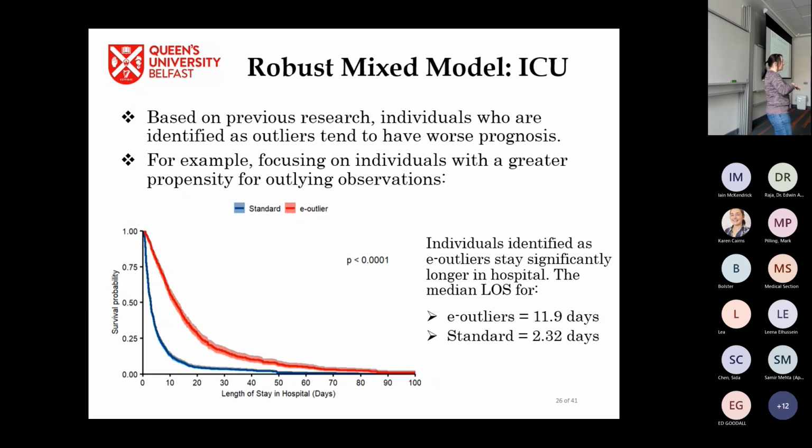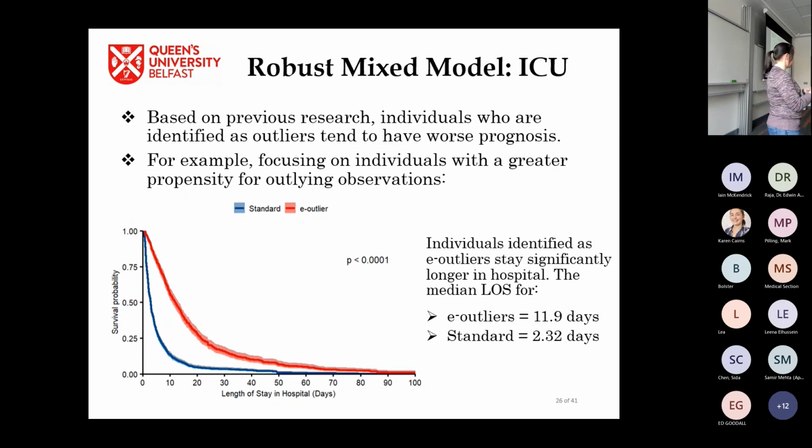Now, the caveat I have to give is that whenever the database was set up, they didn't record the destination of patients. So we know their length of stay, but we don't know where they went. We don't know whether patients are having other events, in particular death, which would be one of the key things whenever they're on mechanical ventilation, or whether patients are leaving the hospital because they're healthy and well, out gallivanting in the world again.